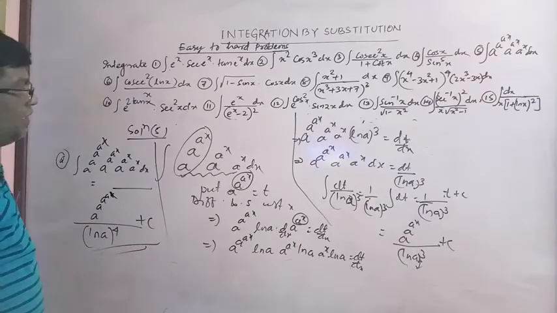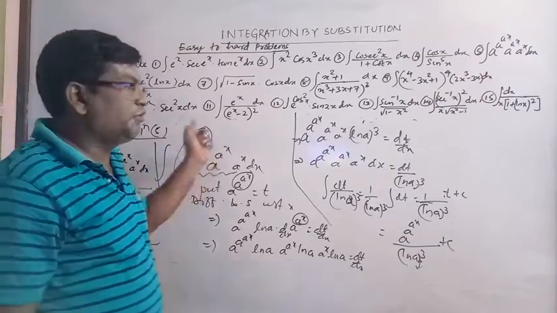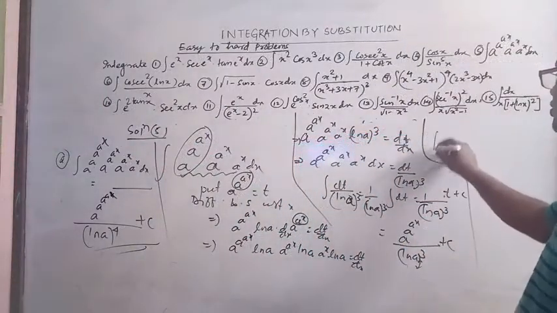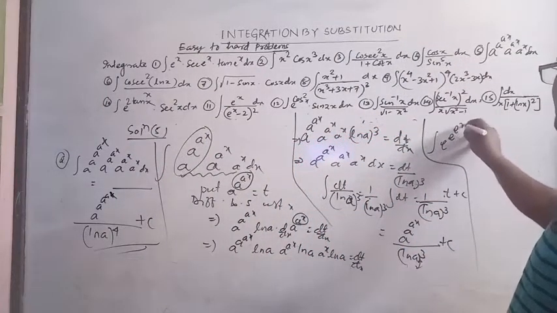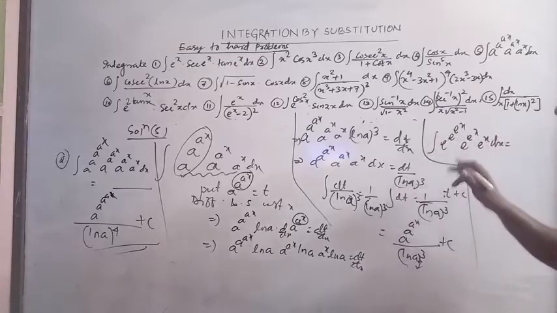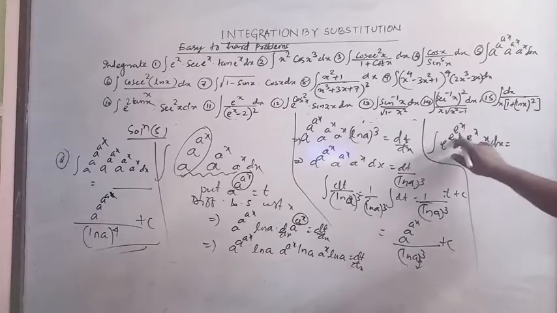Suppose what is the integration of e to the power e to the power e to the x? So the number of e's is equal to what? 1, 2, 3, and this is equal to what?